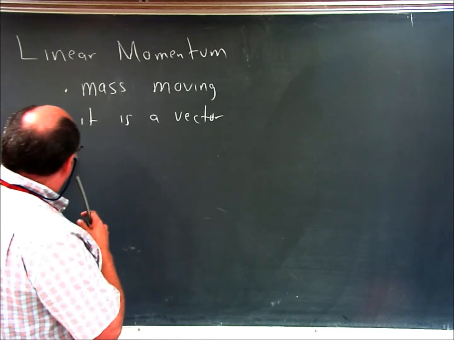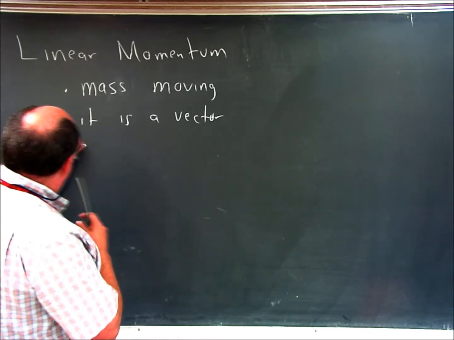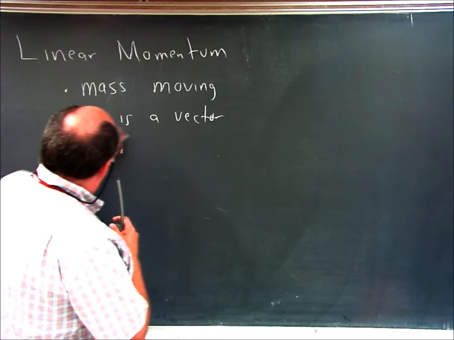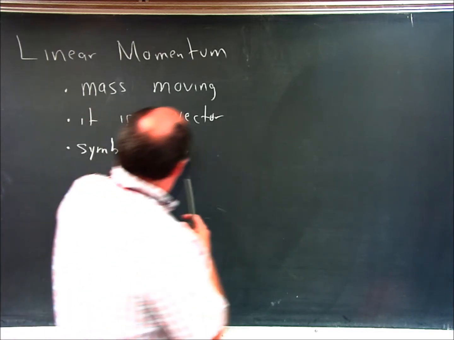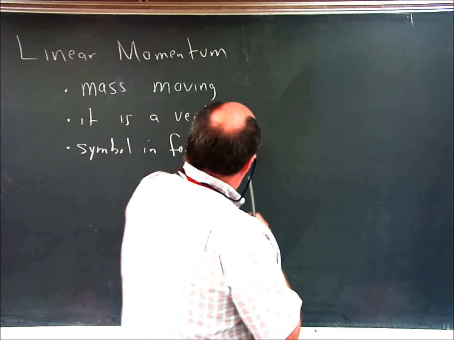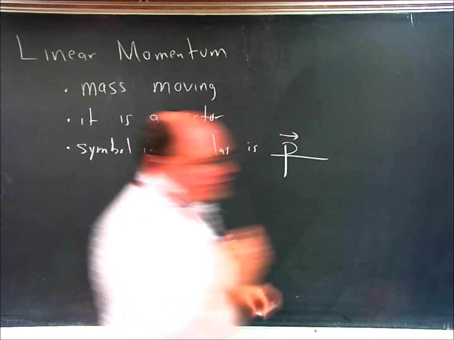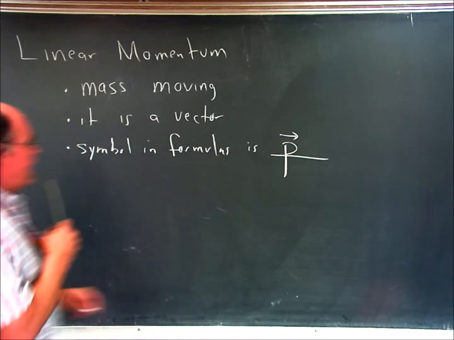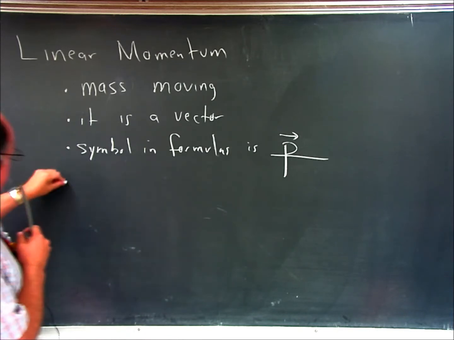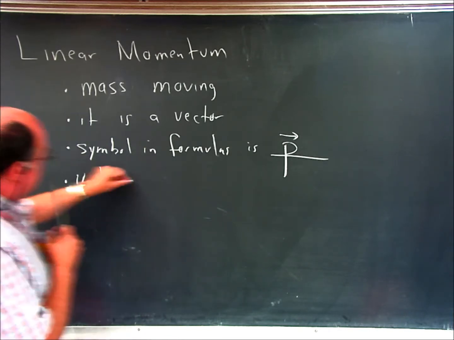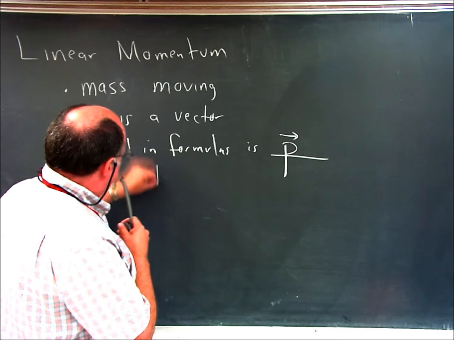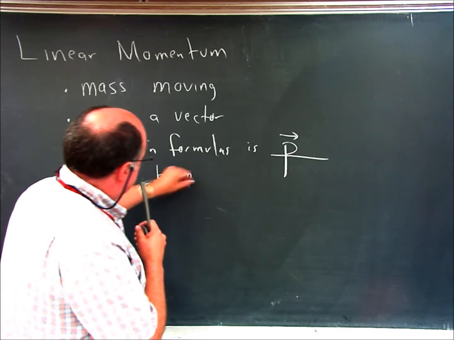The symbol is small letter p. As I said, it's a vector, so that's what that arrowhead means. And the units would be kilograms meters over a second.